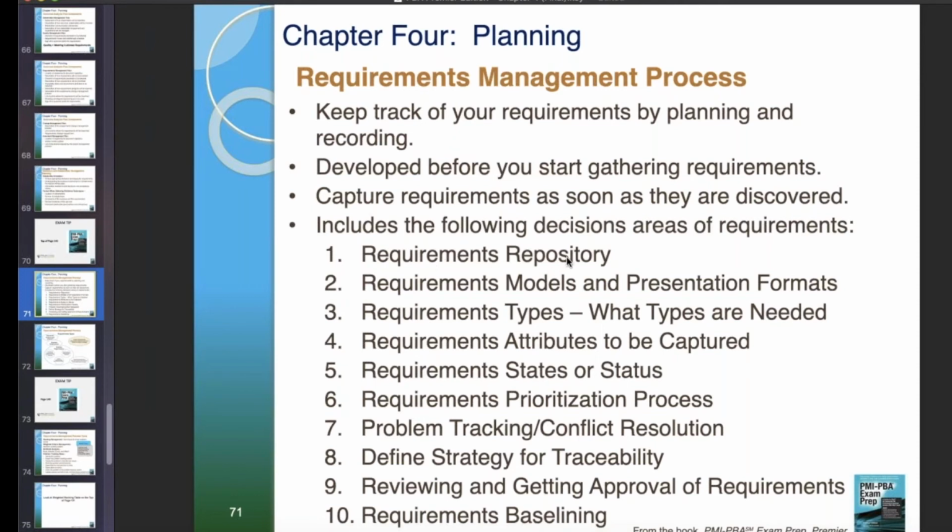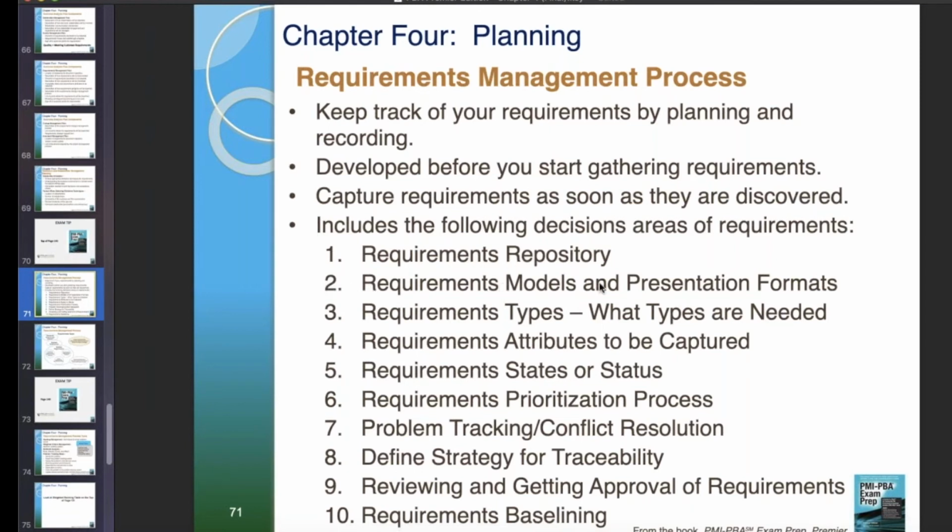Number one, requirements repository. A repository is a senior-level library where you can go and access lots of requirements, methods, and tools from lots of different projects. It's template rich. It's a knowledge base for requirements.